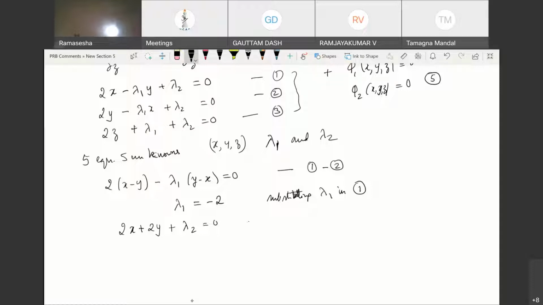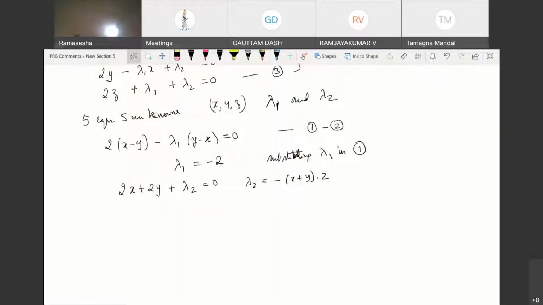Now from the third equation I get 2z plus lambda 1, which is minus 2, and then lambda 2, which is minus 2 times x plus y, is equal to 0, or x plus y minus z plus 1 is equal to 0. So this will be the same equation here.